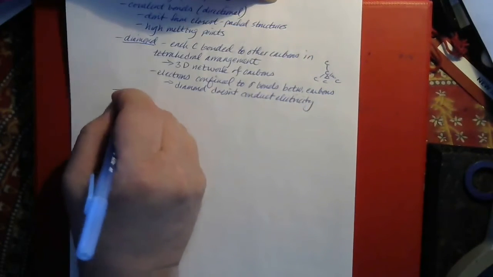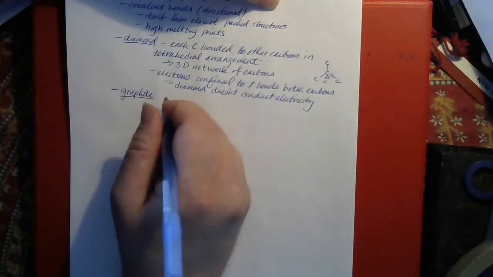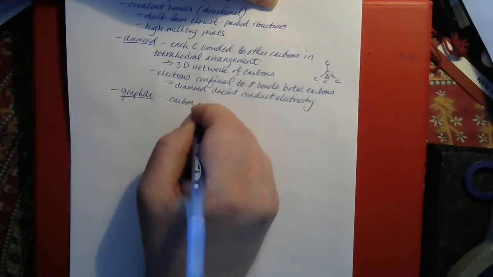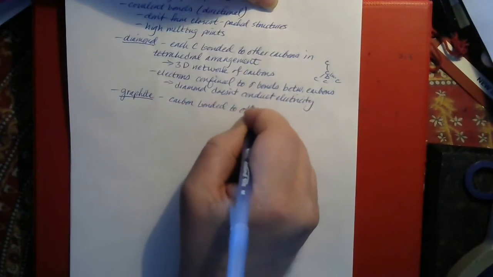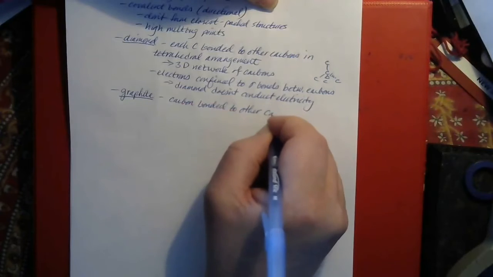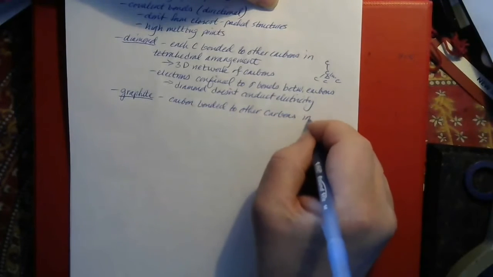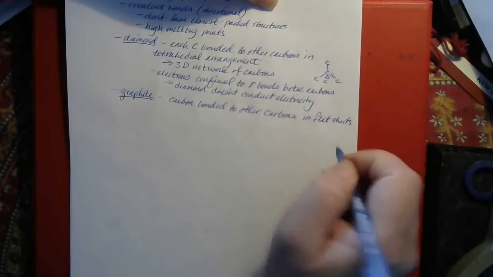On the other hand, with graphite, you have a different arrangement. Carbons are bonded to other carbons in flat sheets.